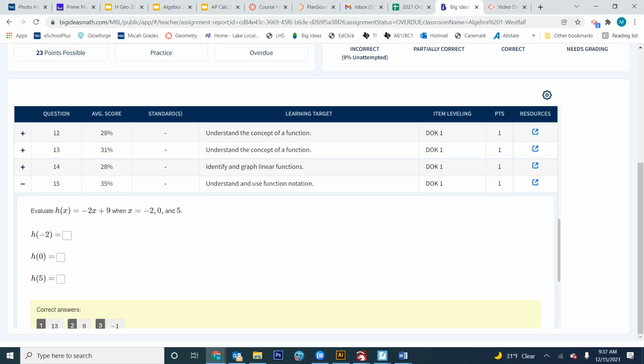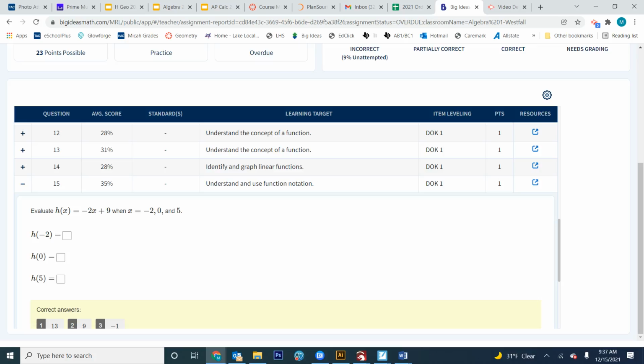What's the solution when X is -2, 0, and 5? Remember, all this is saying is these are 3 problems. What's my answer when I put -2 in for X, when I put 0 in for X, and when I put 5 in for X?